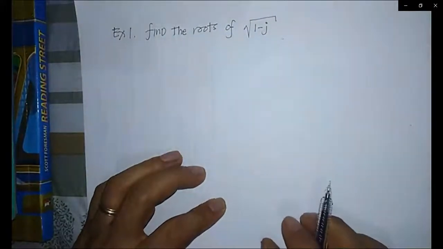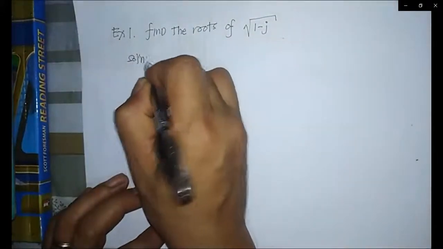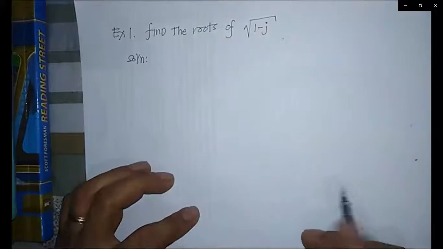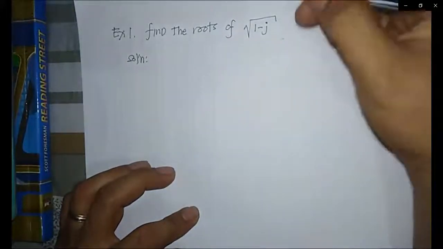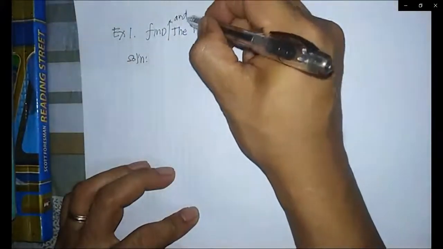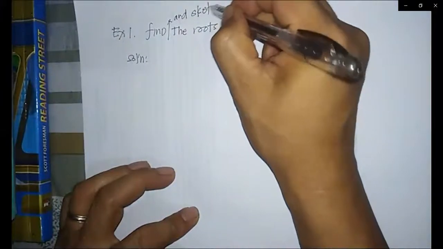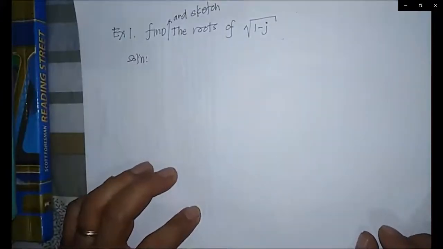So how are we going to solve this one? By the way, instead of just finding the roots, we are going to find and sketch the roots in the Argand diagram.